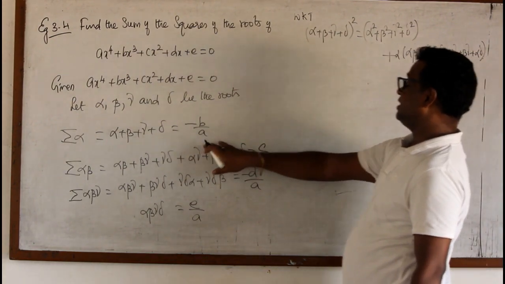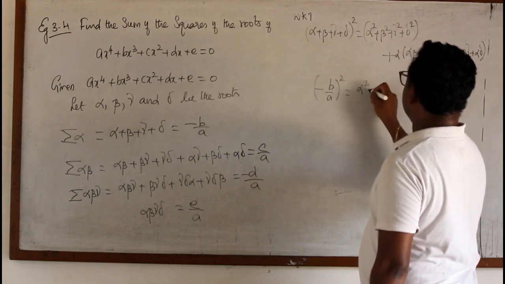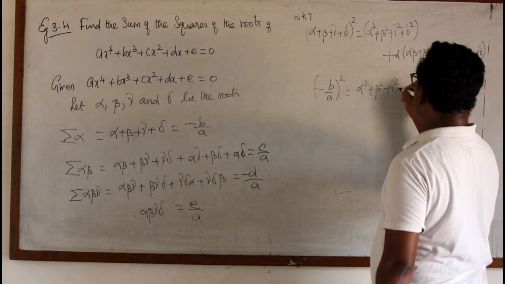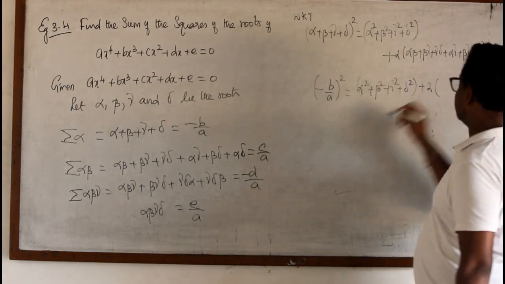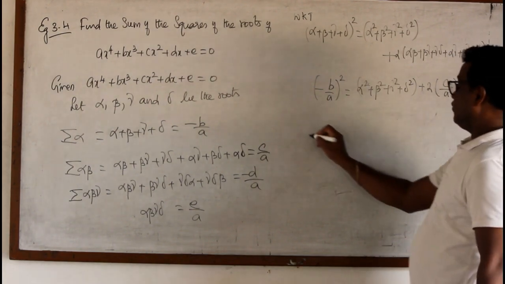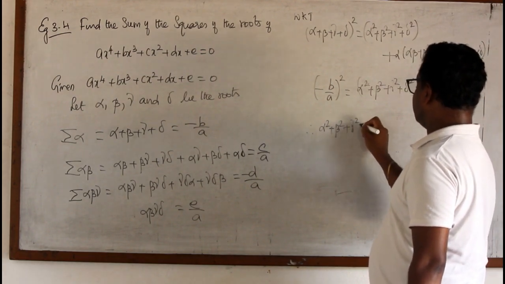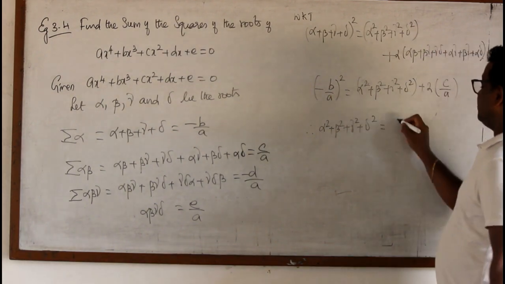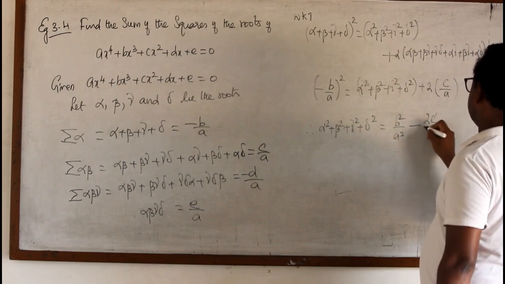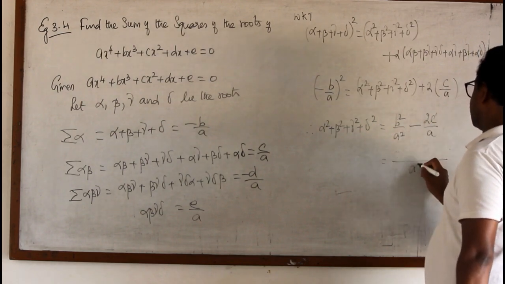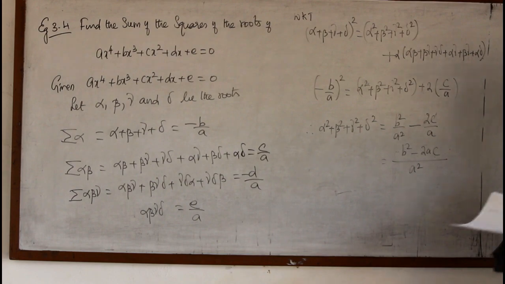Alpha plus beta plus gamma plus delta is minus b by a, the whole square. I have to find alpha square plus beta square plus gamma square plus delta square. Then this one is 2 into c by a. Therefore, alpha square plus beta square plus gamma square plus delta square is b square by a square, and when I take this to the other side, it becomes minus 2c by a. So the LCM is a square, which means it is b square minus 2ac over a square. This is example 3.4.